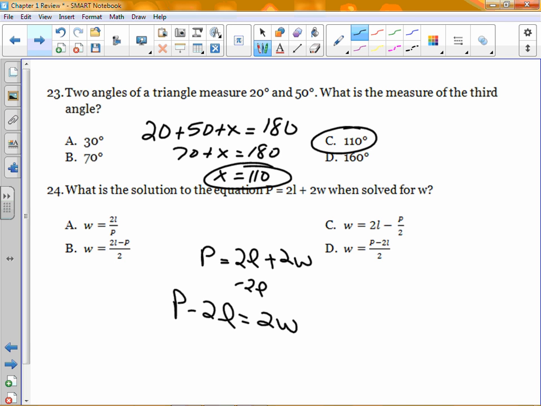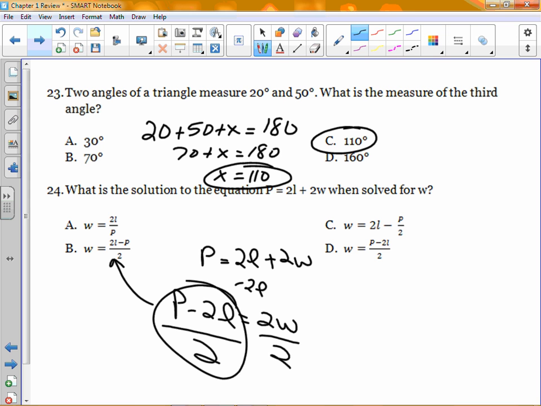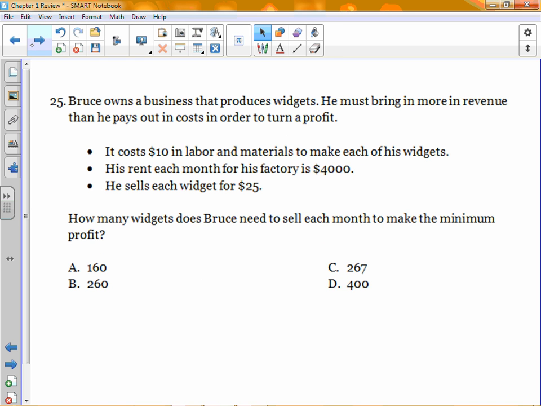Look, this is P minus 2L. The only difference between that wrong answer and the right answer is the fact that those are in the wrong order. Guys, you can't just say, oh, that's pretty close, so I'm going to guess that one. That's what they do, is they make answers to try to catch you into not writing anything out.